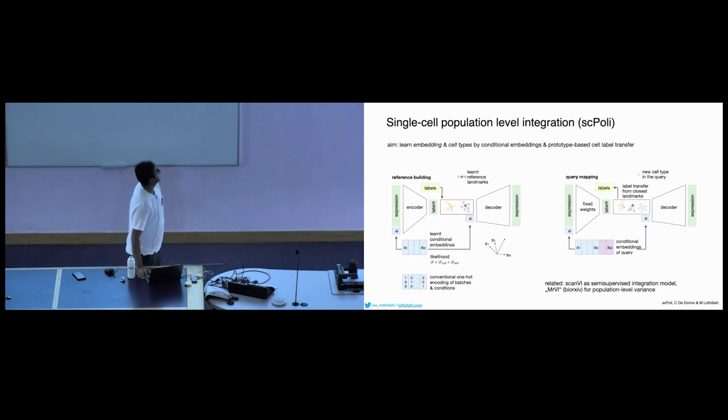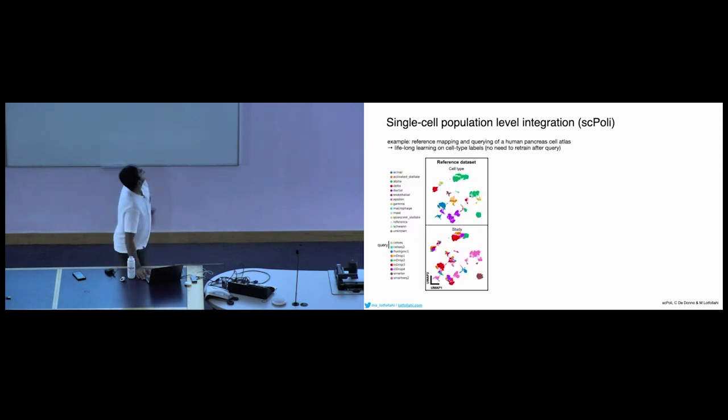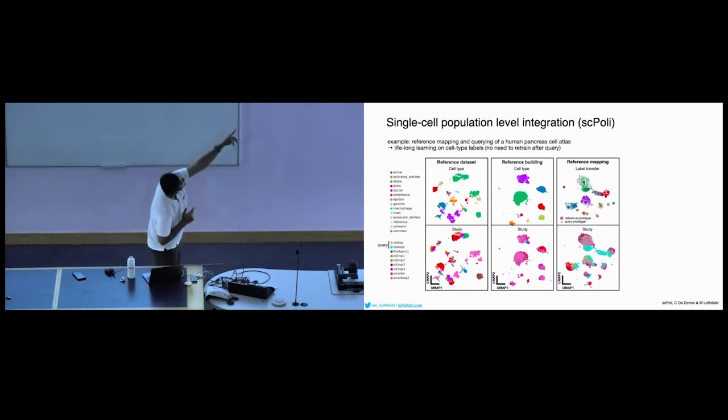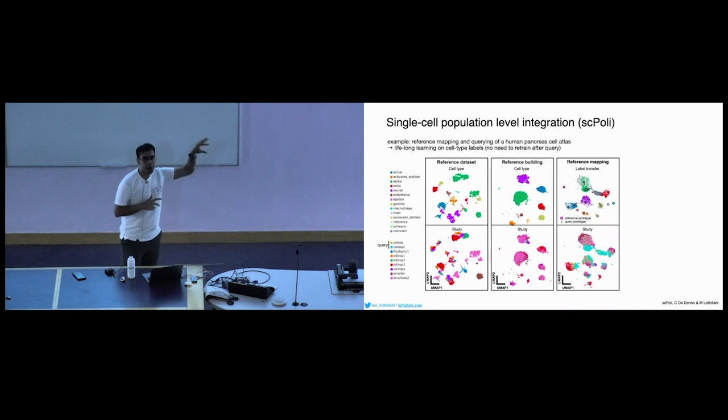And then related methods include another method from Nir Yosef called MrVI for population-level variance. But I'll show you one example. First, you can do all the single-cell-type-level operations. So you can build a reference, so this is a reference building method, but it could be combined with reference mapping methods too, like scArches. And what you see in the third column is the cell type awareness of this method.